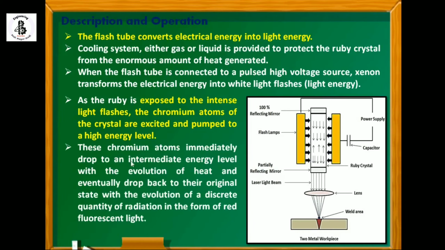These chromium atoms immediately drop to an intermediate energy level with an evolution of heat and eventually drop back to their original state with the evolution of a discrete quantity of radiation in the form of red fluorescent light. So that will be a laser.